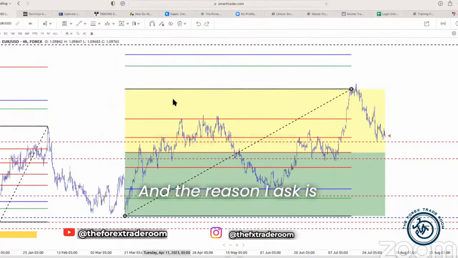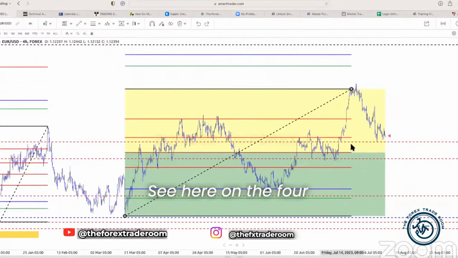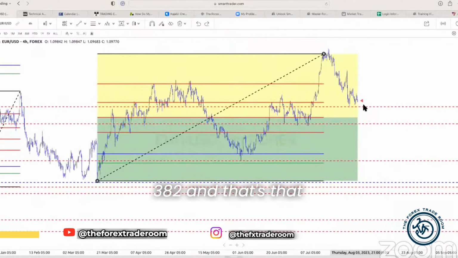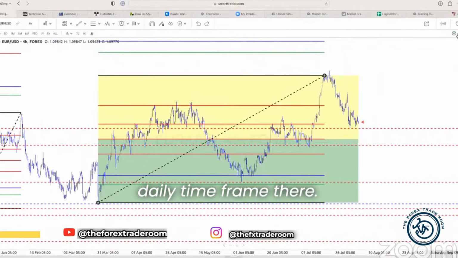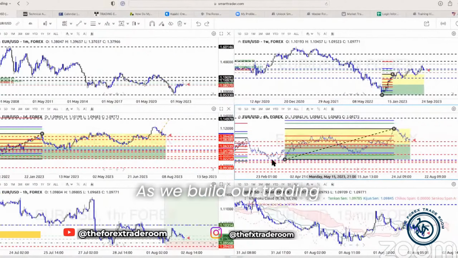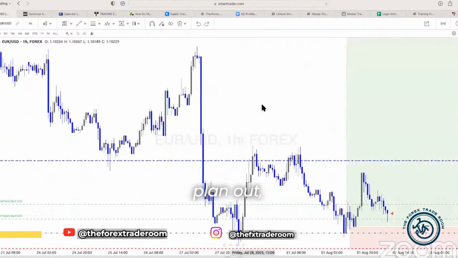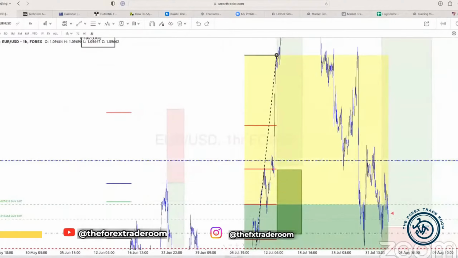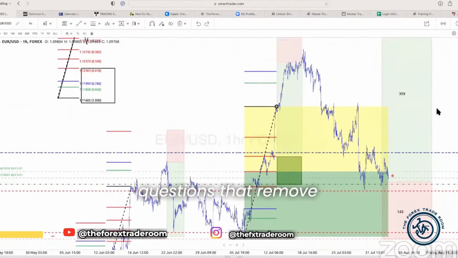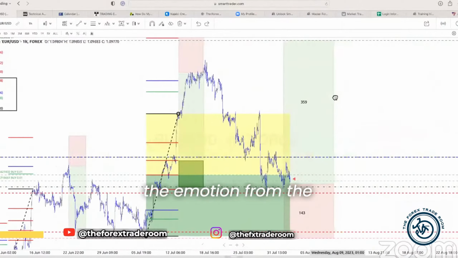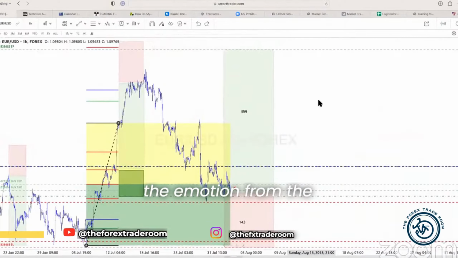And the reason I ask is we want to, in our trading plan, as we're building this out, see here on the 4-hour, we're pushing to that 382, and that's that support level off the daily time frame there. As we build our trading plan out, we want to build in questions that remove the emotion from the situation, right?